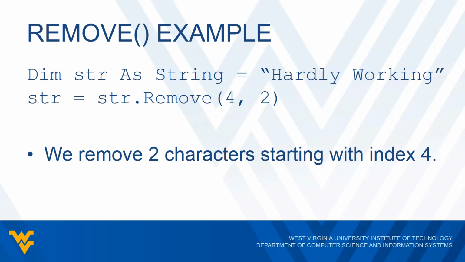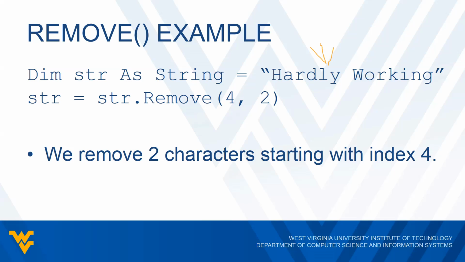So that means we need to find index 4. Well, we've got to remember, just like with arrays, the first index of a string is going to be 0. So in this case, H is index 0, A is index 1, R is index 2, D is index 3. So L right here is going to be index 4.